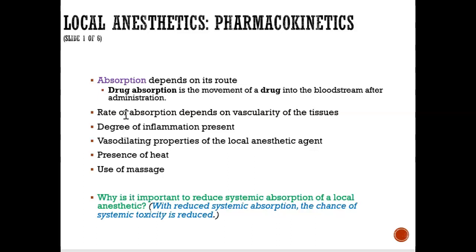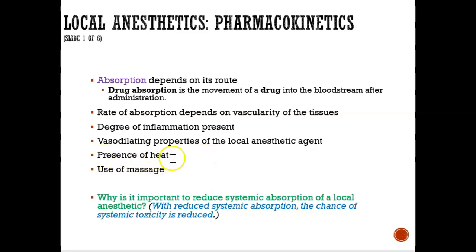We want the local anesthetic to move into the bloodstream at a very slow rate, because if it goes really fast, it's going to be more toxic. It's going to be harmful for us. We need the drug to move into the bloodstream slowly because that's more safe. It's less toxic that way.